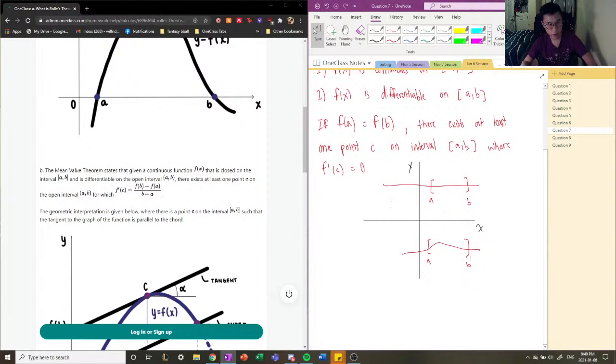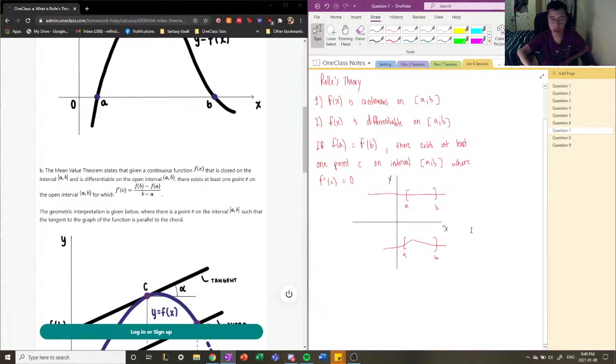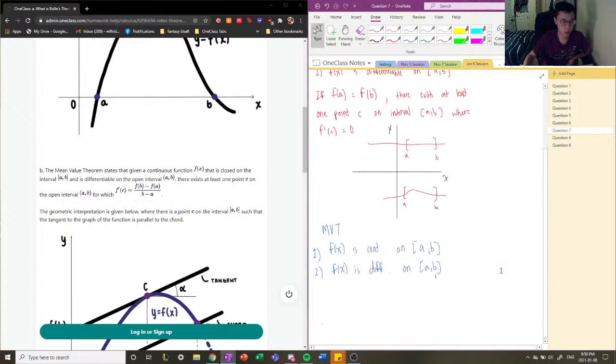All right, so let's talk about the mean value theorem. The mean value theorem has the same conditions as Rolle's theorem. I'm going to write MVT for short. Again, f of x has to be continuous on the closed interval a, b, and f of x is differentiable on a, b.